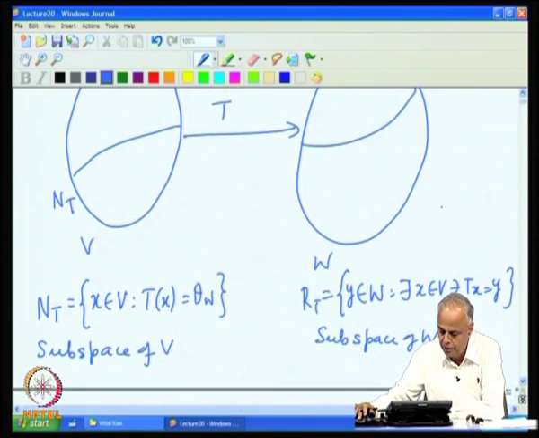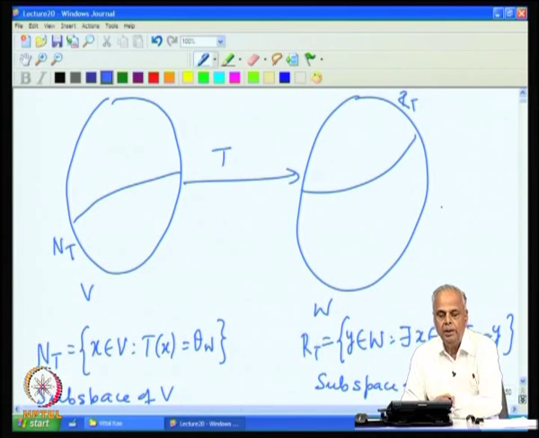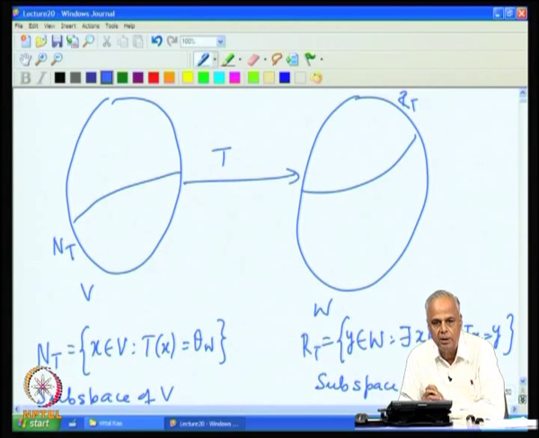So, we have this situation where we have a linear transformation from a finite dimensional vector space to a finite dimensional vector space.